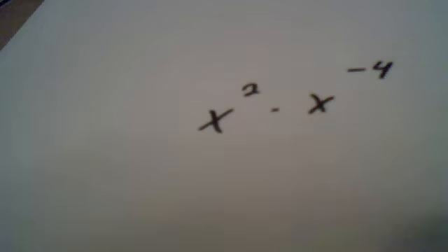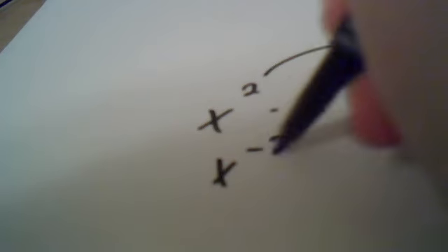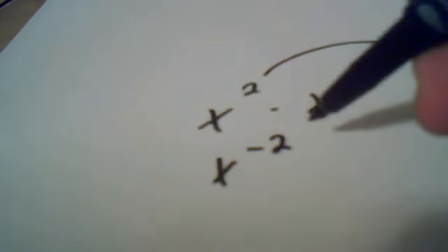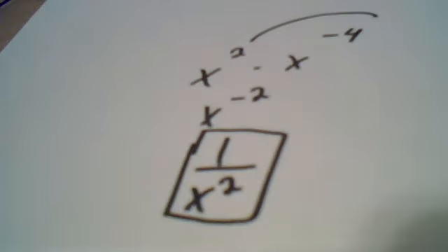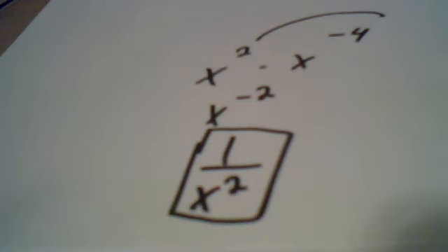So 2 plus -4 is x to the -2. And we do the same thing as we would with anything else. We would write it as a fraction, 1 over x squared, and that would be our simplified version.